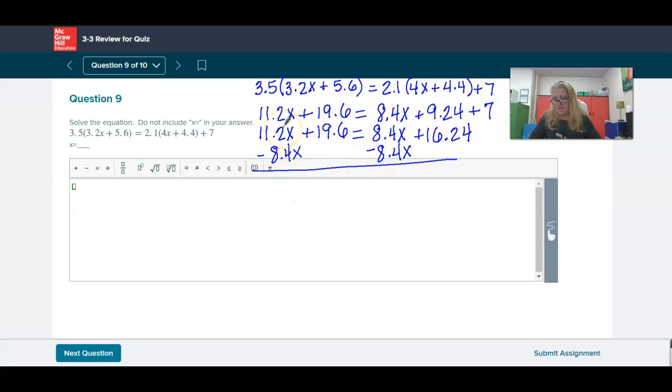Okay, and 11.2 minus 8.4 equals 2.8x, plus 19.6 equals, this is gone, 16.24. Now I want to get my variable term by itself, so I subtract 19.6 from both sides.